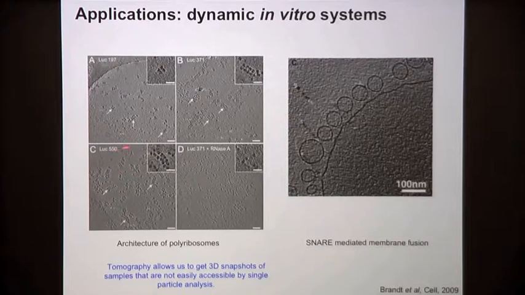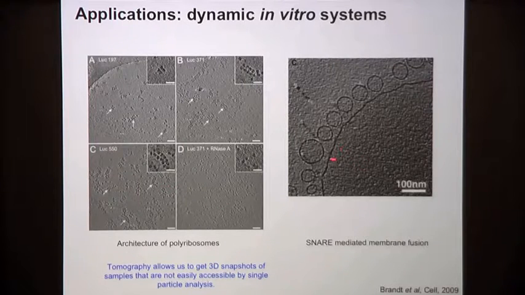For example, if our sample is arranged in a complex three-dimensional shape, like here, these are polyribosomes, which are in the act of translation, it's not easy to see, with a single cryo-EM image, in what way the ribosomes in this polyribosome array are arranged. But if we take a tomogram, then the arrangement of this assembly becomes clear.